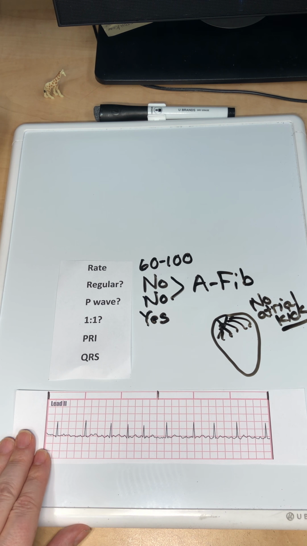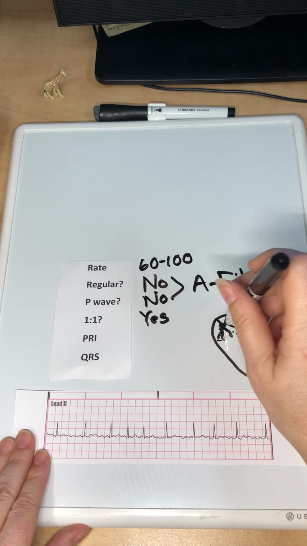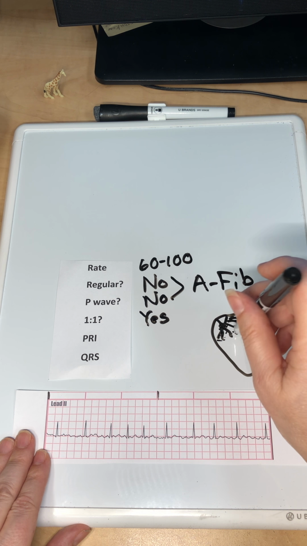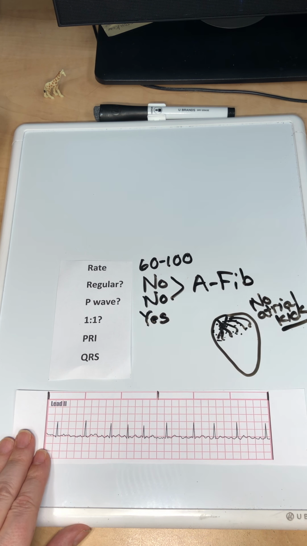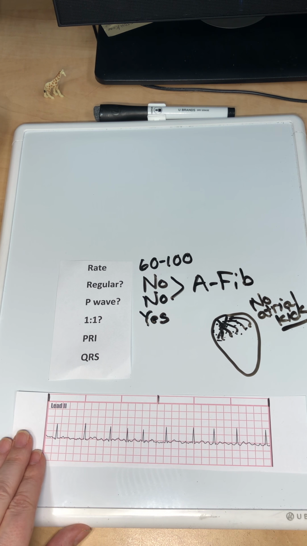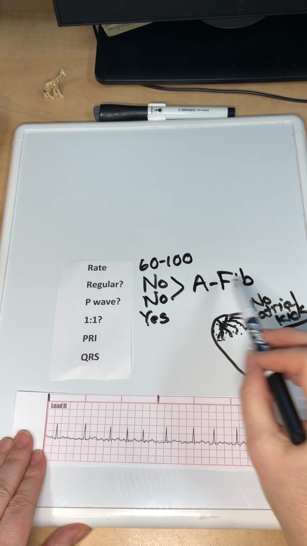You just have little spots kind of fibrillating. And so you can imagine that blood gets stagnant if it's not forced down into the ventricles, and it pools in all the little nooks and crannies, and clots can develop. That's why AFib is a bad thing.